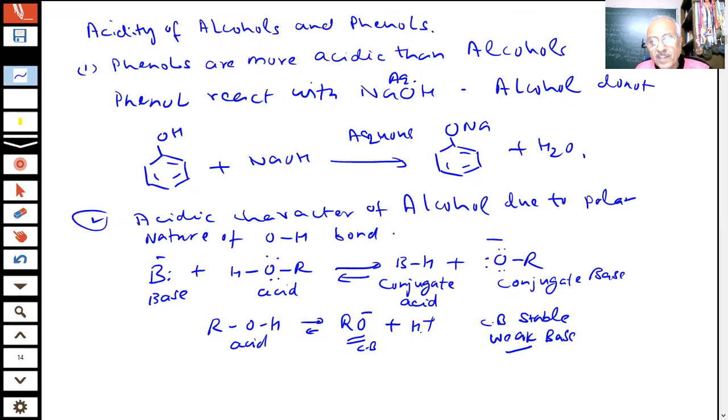If it is a strong base, it will react with H plus and go back, and it will become a weaker acid. Therefore, the groups attached to the R group will decide the acidity of the alcohol. You have noted it down, then I will proceed further.